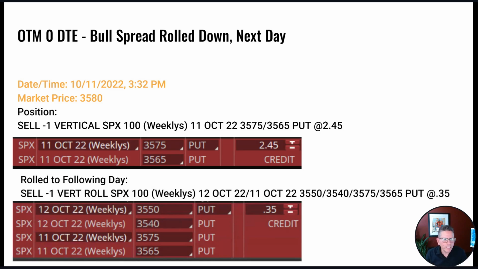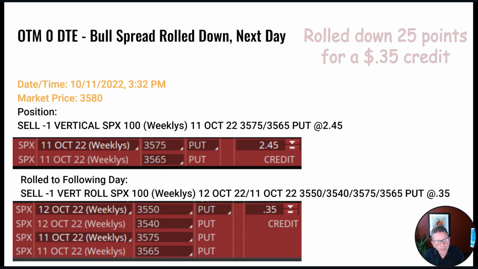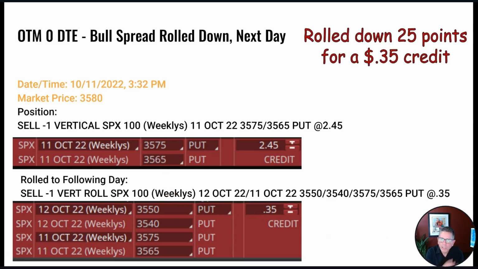Now this is a bull spread. Rolled down next day. So we rolled this position down, and I was looking for a position so that I can get a credit for taking that position down. So I wanted to keep a credit there, right? And so you can see we went 25 points down and got a 35-cent credit.